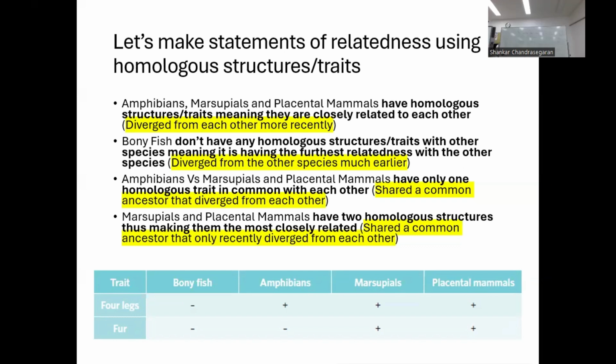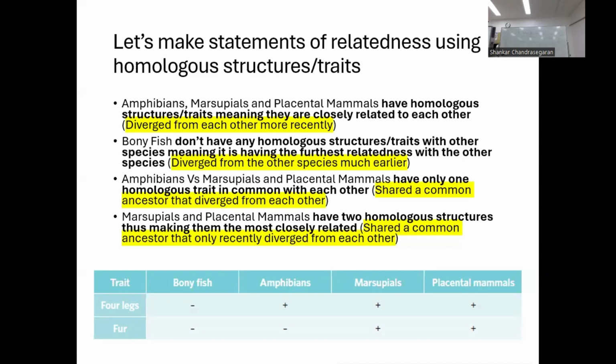Okay, the first one: the fact that those trees share any homologous structures means that they diverged from each other somewhat recently, or more recently with each other. Then we go further into our analysis, where we look at amphibians versus marsupials and placental mammals. We notice that they have only one homologous trait or structure in common with each other.